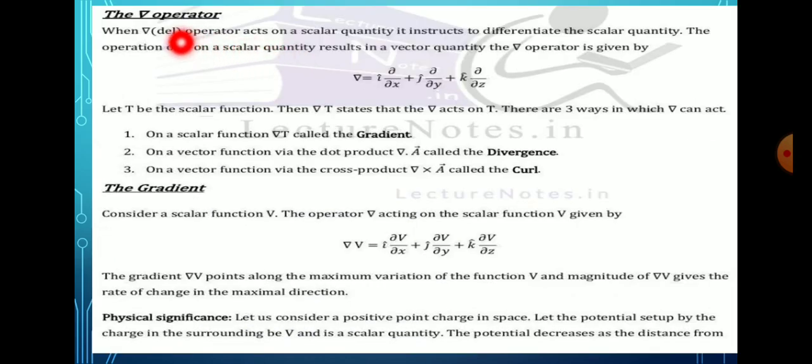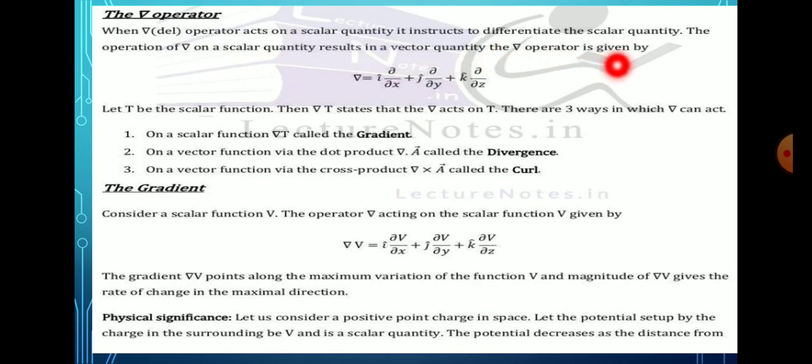The next is the del operator. This symbol is represented as del. When the del operator acts on a scalar quantity, it instructs to differentiate the scalar quantity. The operator del on a scalar quantity results in a vector quantity.